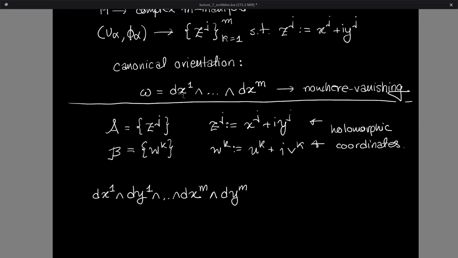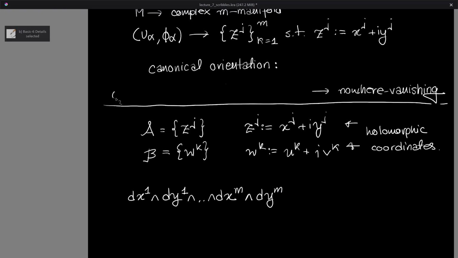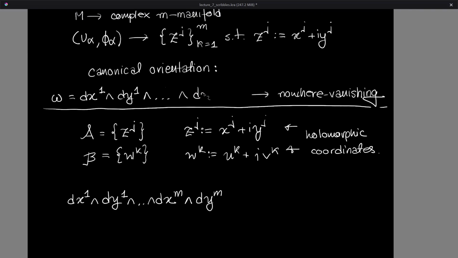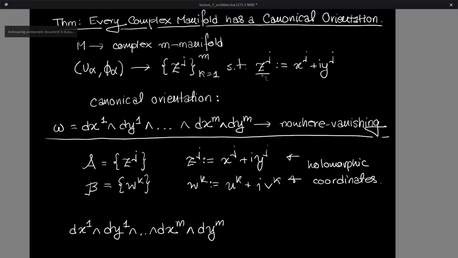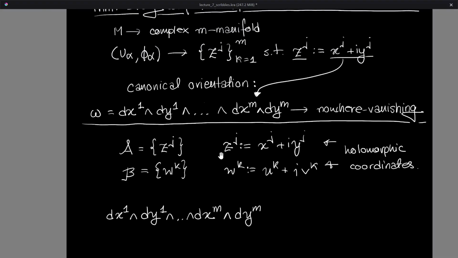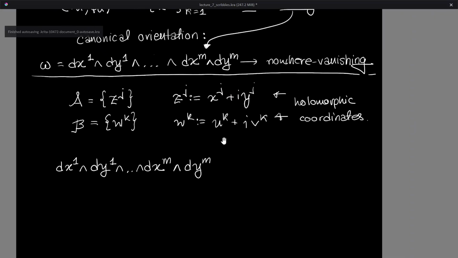I just noticed I wrote this in a misleading way. So this should be dx_1 wedge dy_1 wedge dot dot dot wedge dx_m wedge dy_m. I forgot the dy's here. Okay, so let me explain what happened. When we decompose this, we wanted to write it as a real differential form. So that's what I did over here.